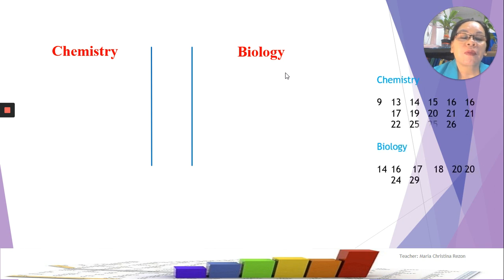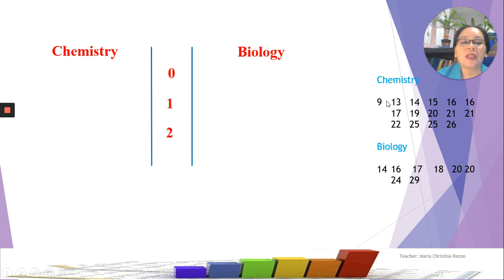And then I'll have your data here so that we will not be going back there. For chemistry, we have 9, 13, 14, 15, 16, 2 16s, and so in other words, our stem that we can use here is 0, 1, and 2. So let's write our stem here, 0, 1, and 2.